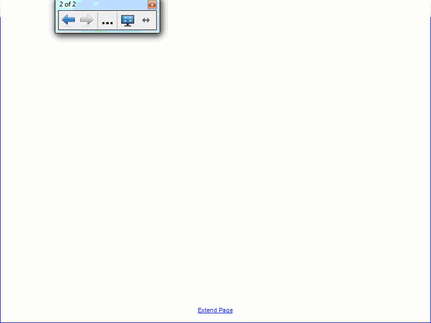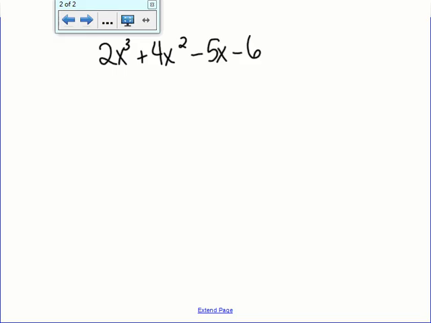So say I was going to divide 2x cubed plus 4x squared minus 5x minus 6 by x plus 1. Well, I've actually got a theorem which states that I'm allowed to use synthetic division as long as I'm dividing a polynomial by a binomial of the form x minus a.